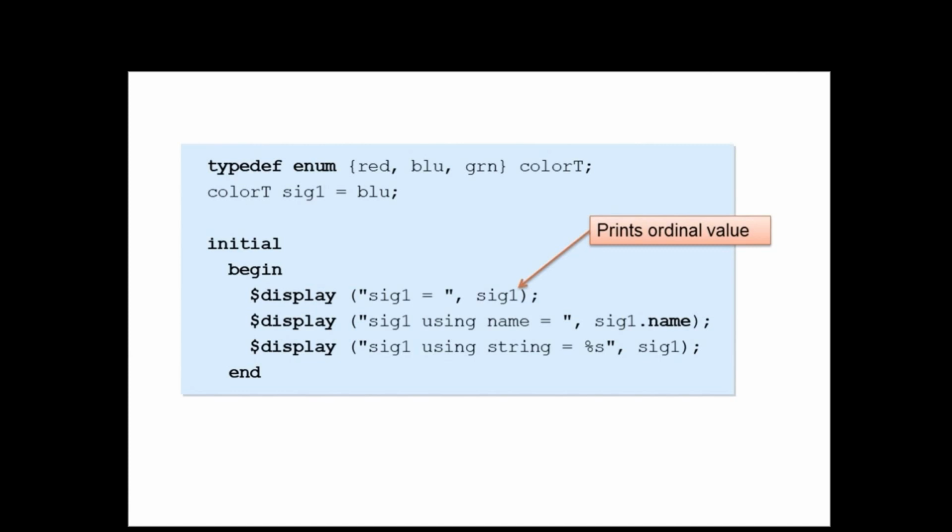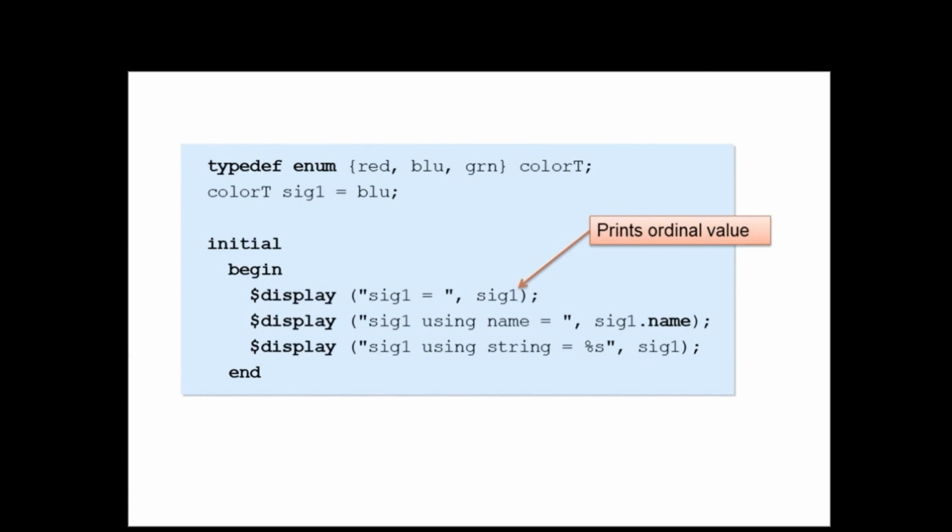The way you can do that is you basically say sig1.name, and now since sig1 is of enumerated type, it'll actually get the value converted into the enumerated type, and then you'll be able to see it actually printed out as red, green, blue.